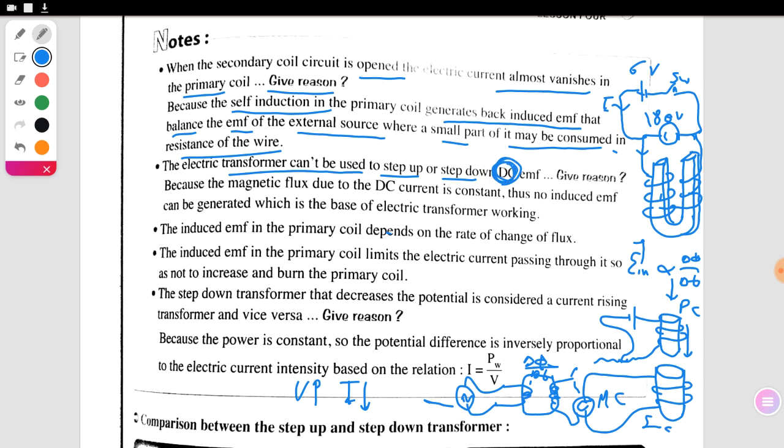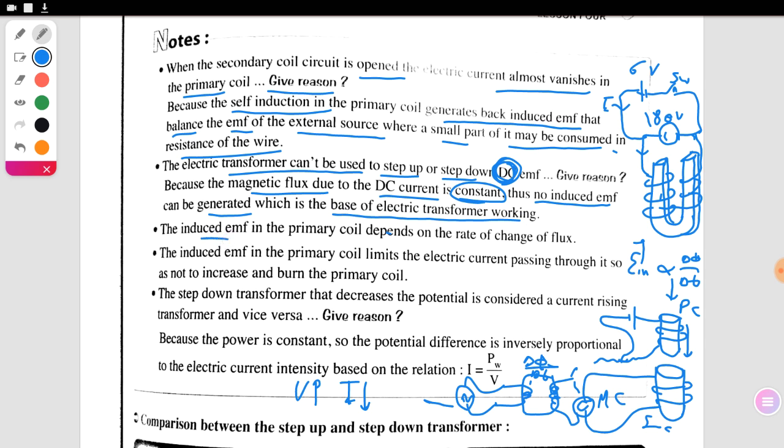This means that the magnetic flux, delta phi m, due to direct current is constant in one direction. This means that there is no induced EMF generated, so the transformer does not work.